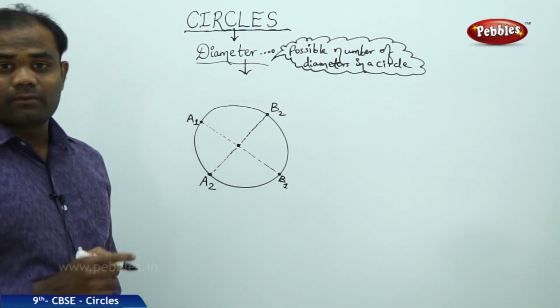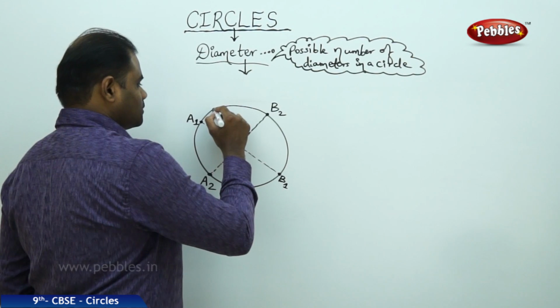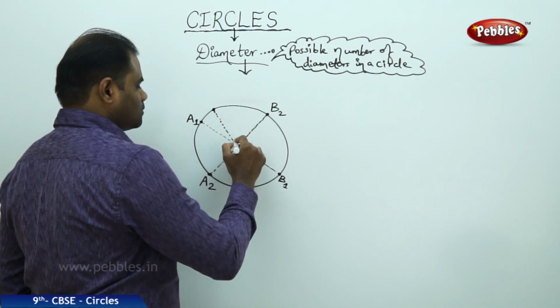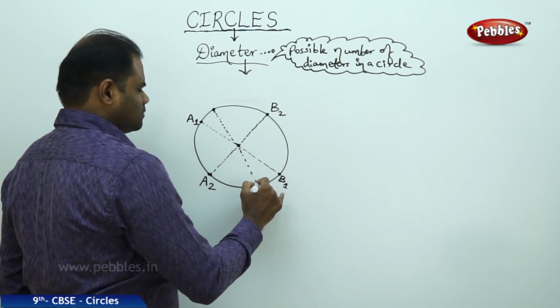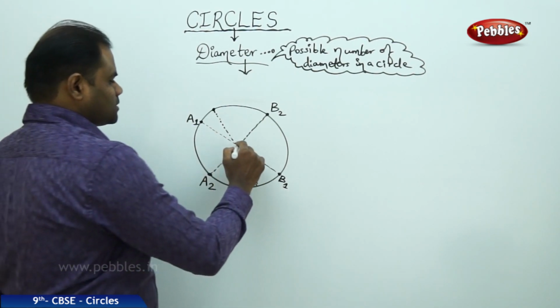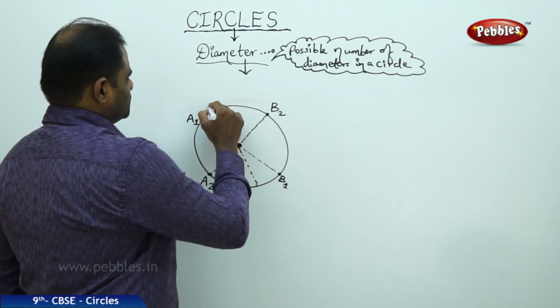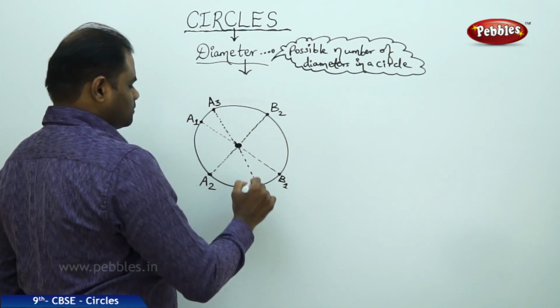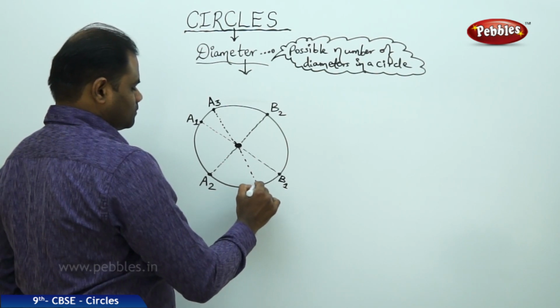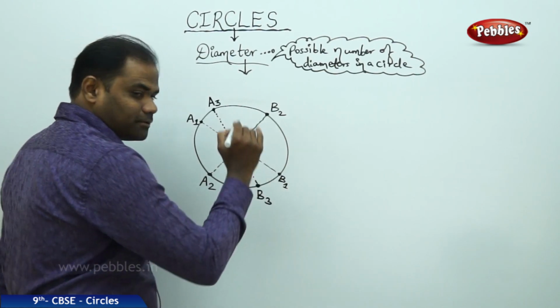Let me take one more in some other direction. So here I have another line passing through this center. So this is A3 and B3.